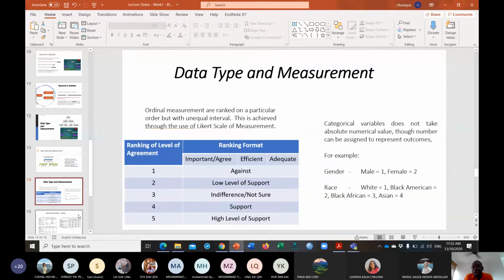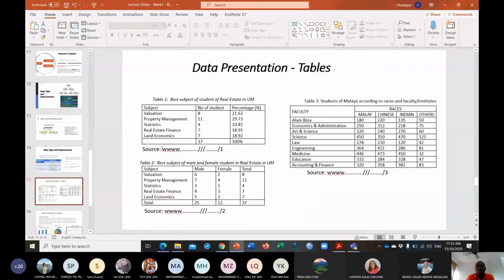So when they are categorical, 1 is not greater than the other. However, when it is an ordinal measurement, 1 is better than the other, but with unequal intervals between each measurement. So that is what the data measurement tells us.